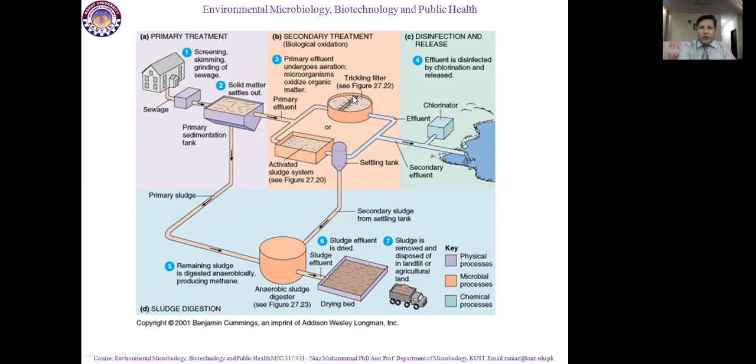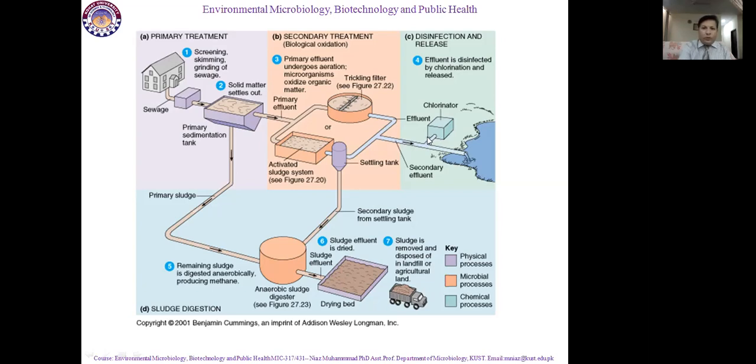From here also, the water which is coming from here, we are giving here through spray. This is the pipe from where it is sprayed onto this bed, and it is going to be oxidized, as well as microbial communities which are present on the surface of this sand bed will decompose all available organic material, and the pure water will come through this point.